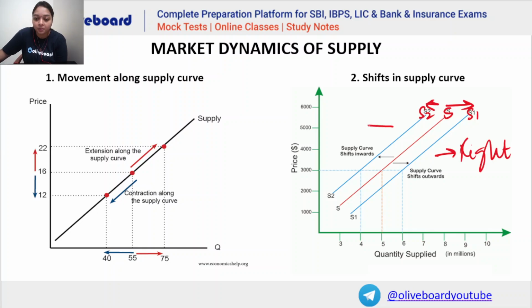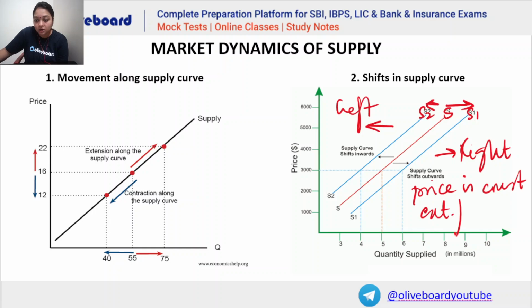When the supply curve shifts towards the left, we say there is a decrease in supply. Here price is constant, external factors change, right? So you need to understand this.